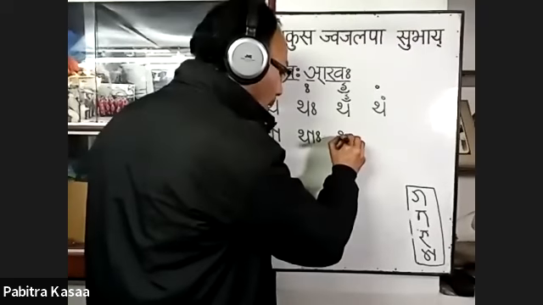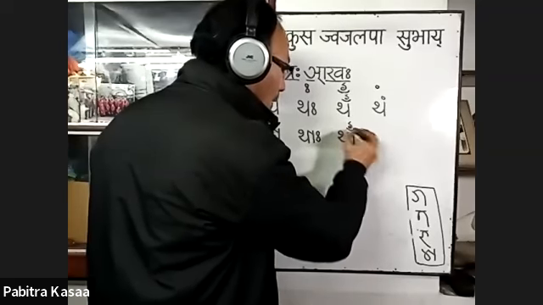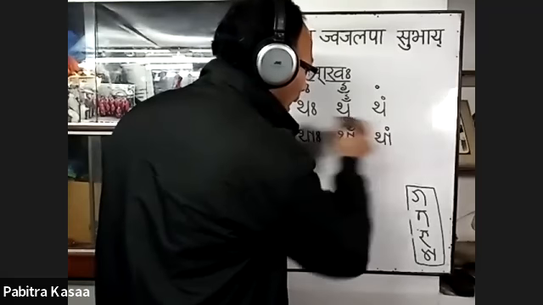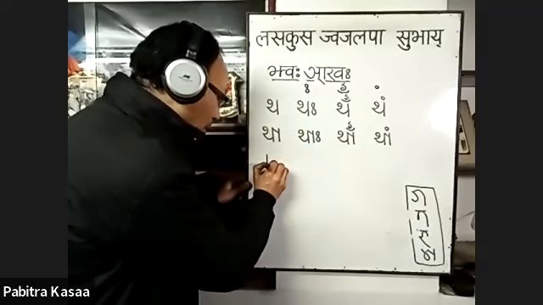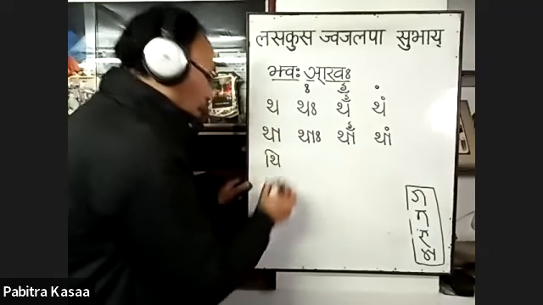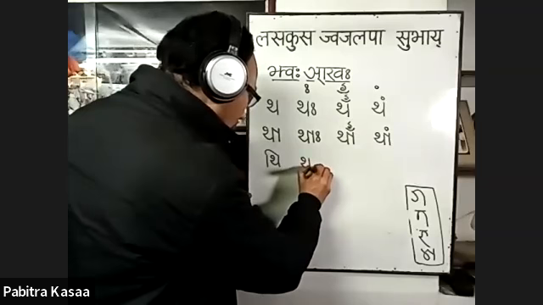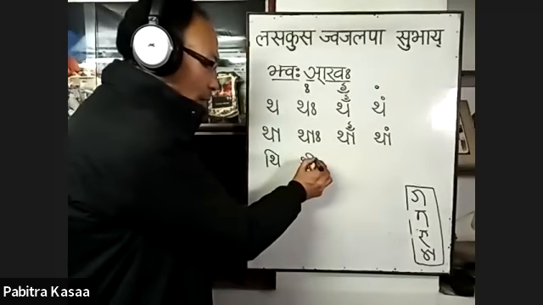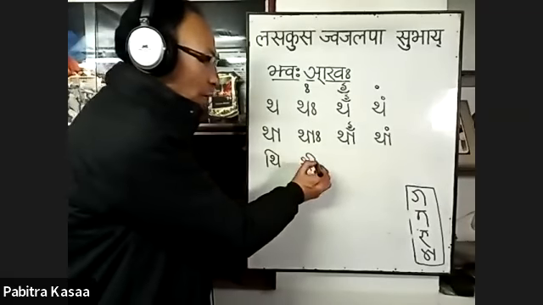Tha, tha, tha, tha, and similarly tha, tha, ti. So when you write ti, the dirgha or long sound ikar, you don't give the jani here.